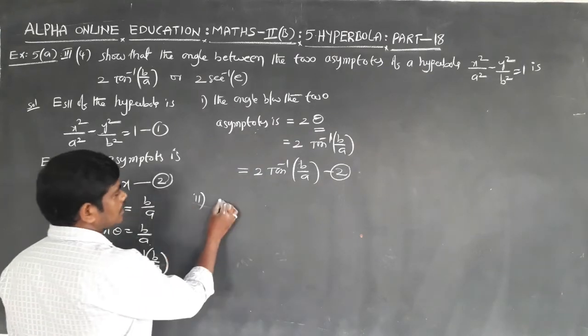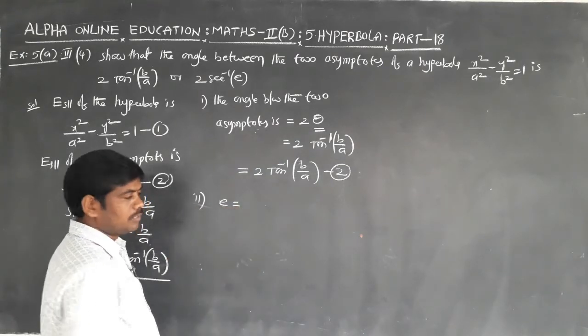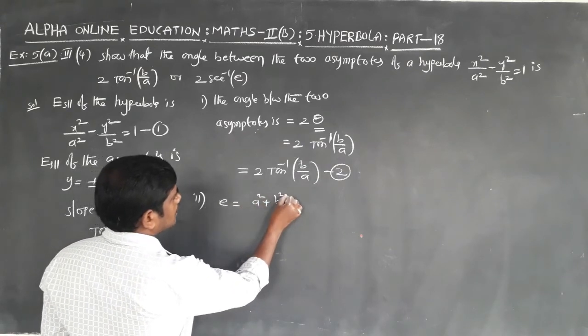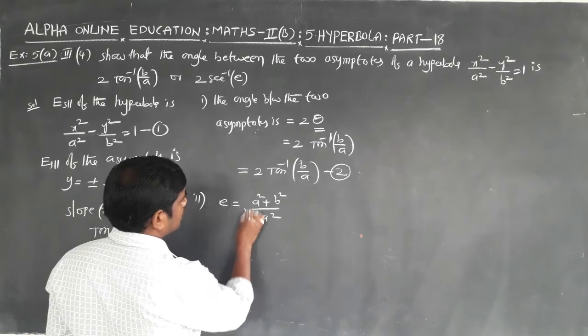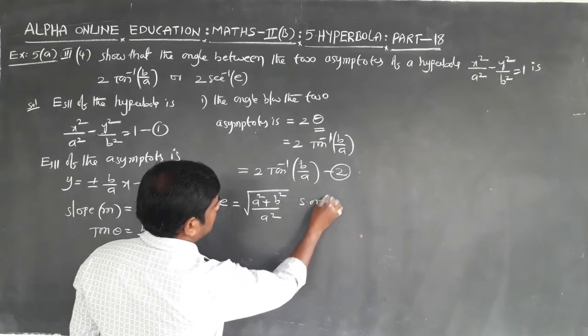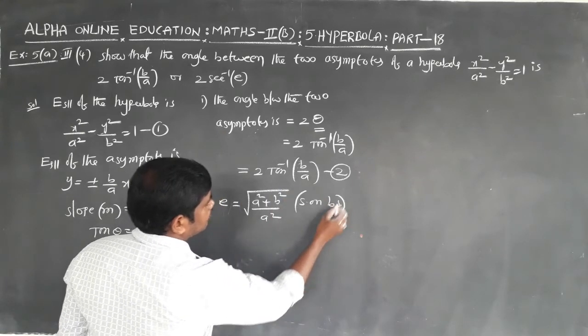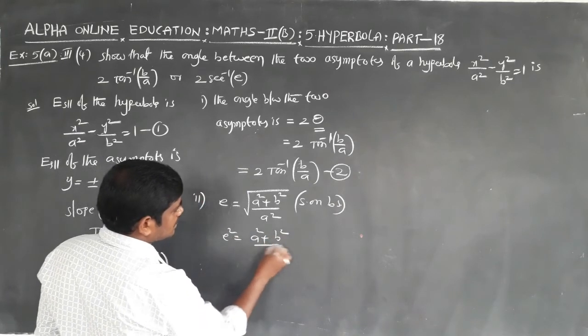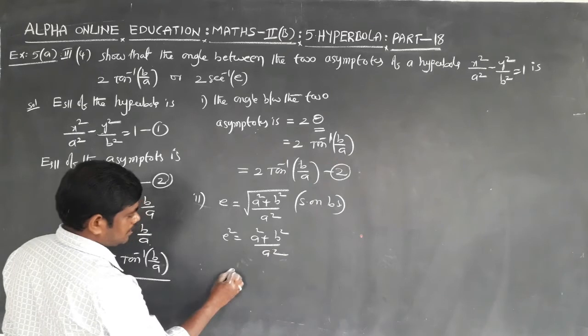Next one, eccentricity of the hyperbola e is equal to under root of a square plus b square by a square. Squaring on both sides, e square is equal to a square plus b square by a square.